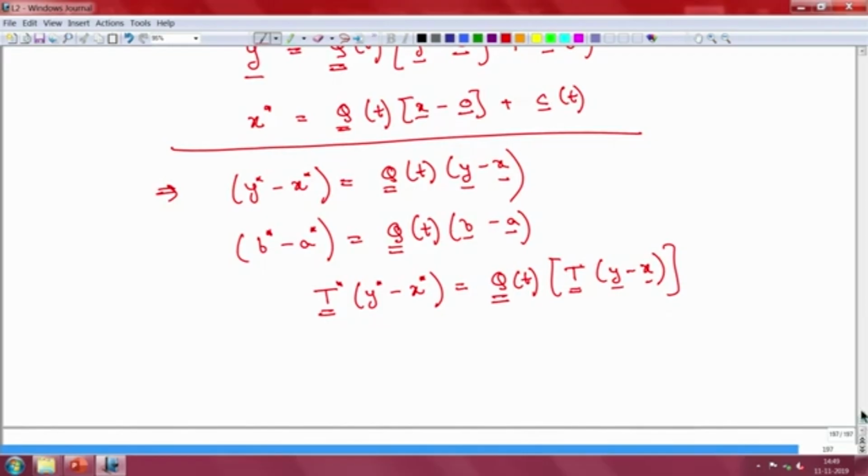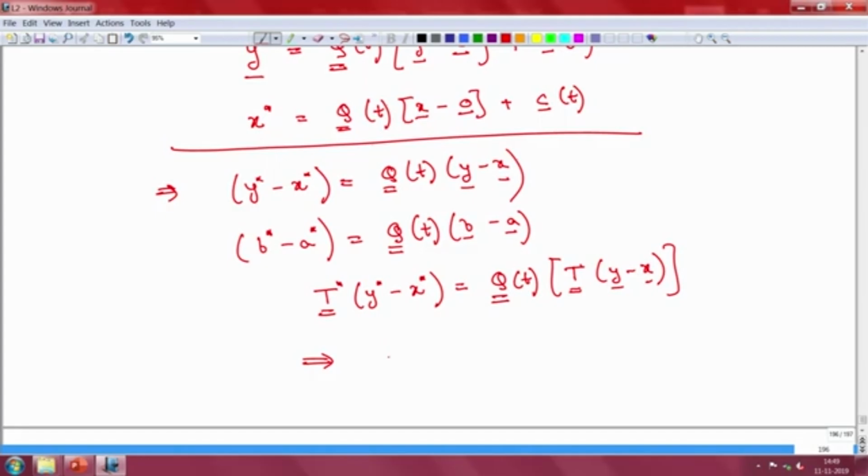And now I am going to skip a step here, okay, and I want you to complete this. Q was an orthogonal matrix.